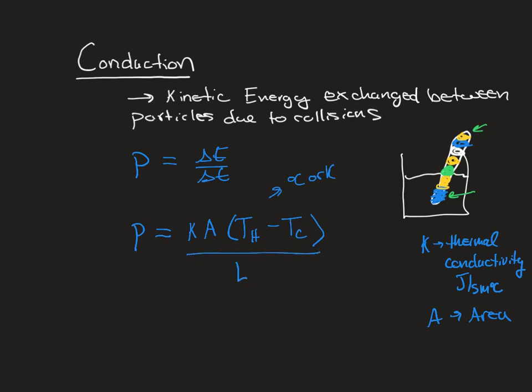And then we're going to divide by L, where L is the distance the energy travels. So once again, if we talk about the window, it would be the thickness of the window pane. Because this is power, we're going to end up with units of watts.